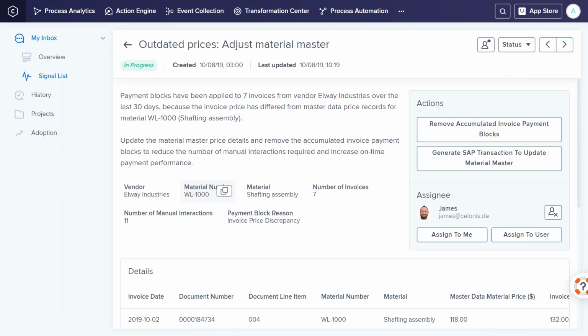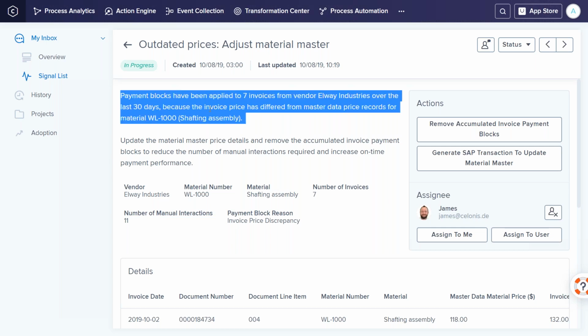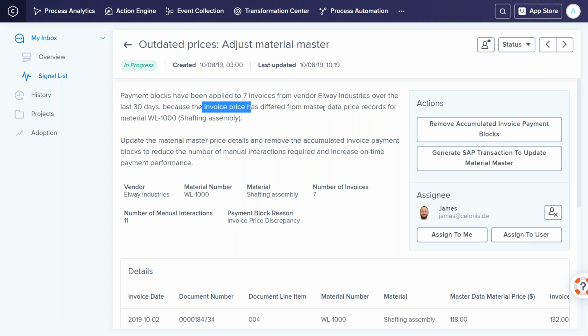By entering the corresponding signal, I'd see that for the past 7 invoices from this vendor, Alway Industries, I was not able to pay the invoices automatically because there has been a deviation in prices. And more precisely, the deviation comes from the difference between the invoice price and the price in the master data.